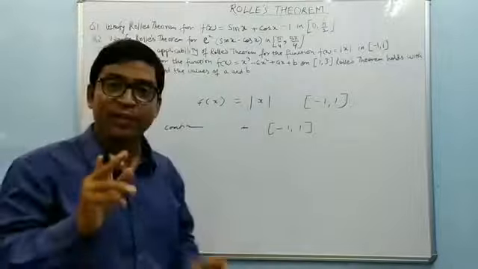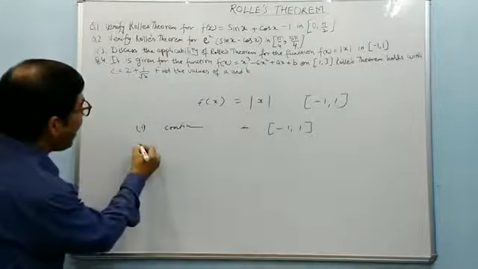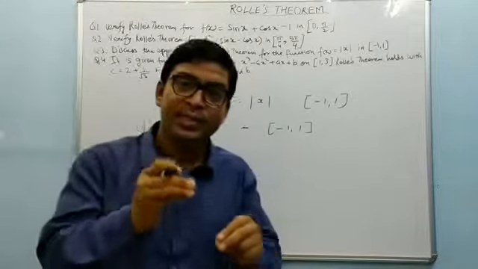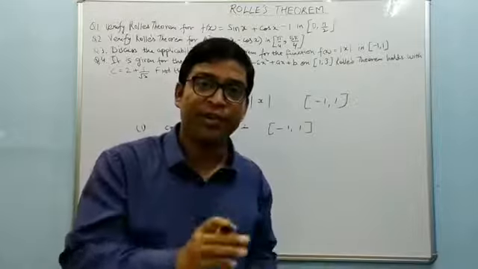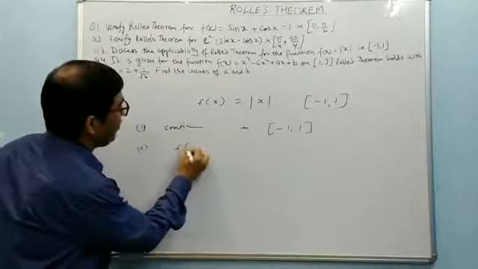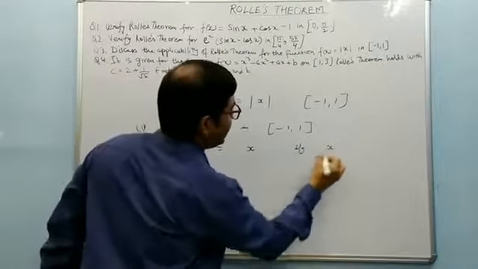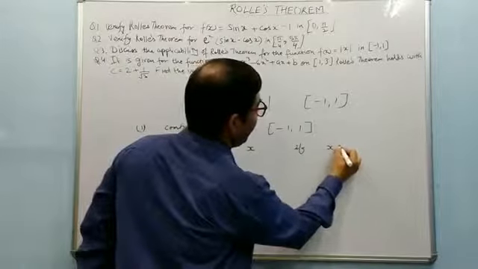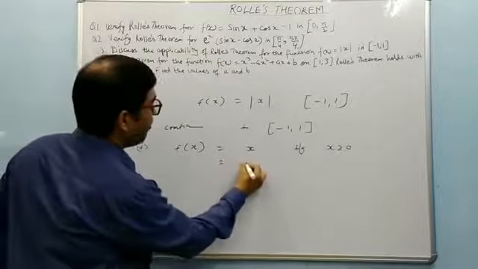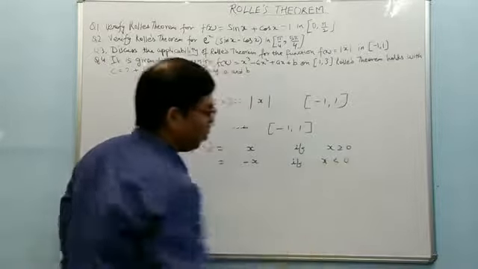Now we have to check whether it is differentiable or not. So we have to break this function into its subparts, taking the definition of mod into consideration. So f(x) is coming out to be x if x is greater than or equal to 0, and it will be minus x if x is less than 0.